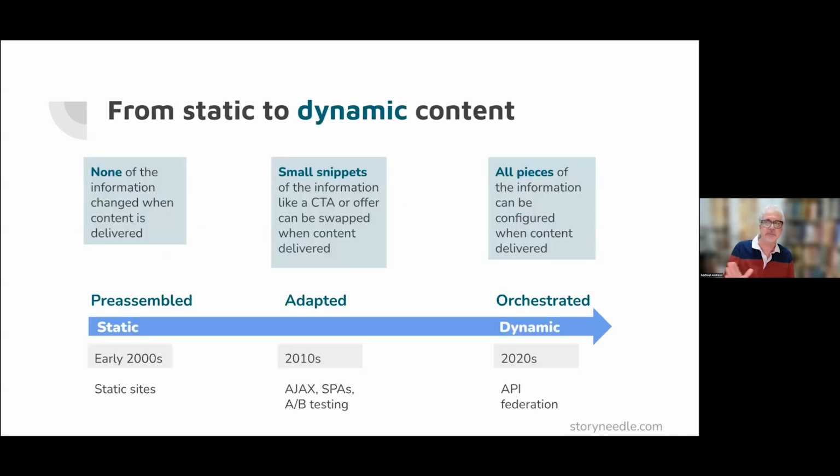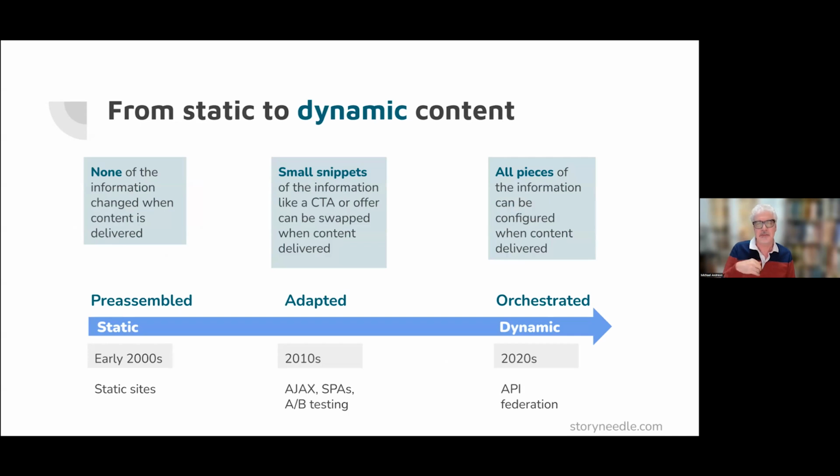And this is now moving us from the previous era of really static content, where none of the information changed when it was delivered, to really dynamic content. So orchestration provides truly dynamic content.